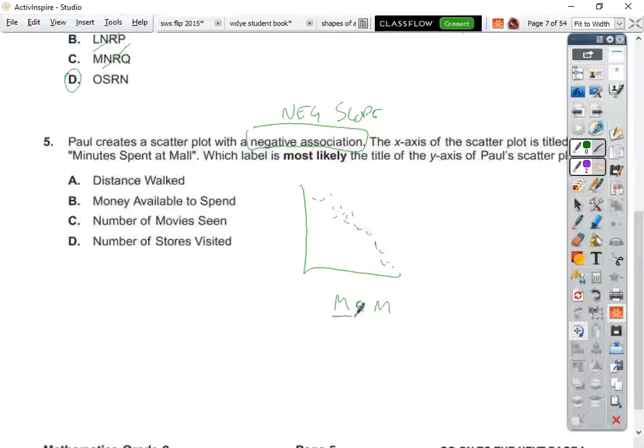So as you spend more minutes at the mall, something is decreasing. Well, will the amount that you walk decrease? No, because you're going to be walking more. The money available to spend? Yeah, probably. That's going to go down because as you move places, you're going to spend more money. So that's clearly the best option.